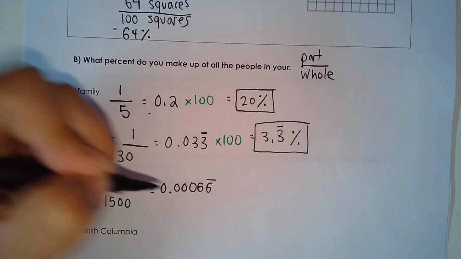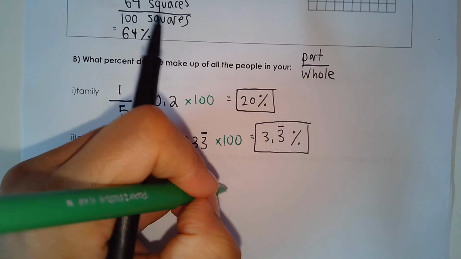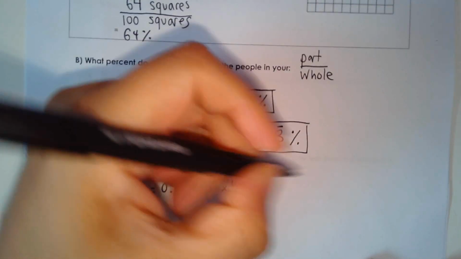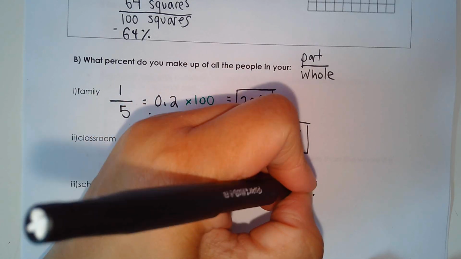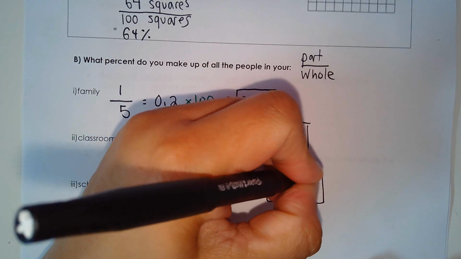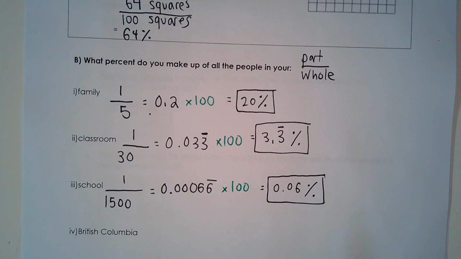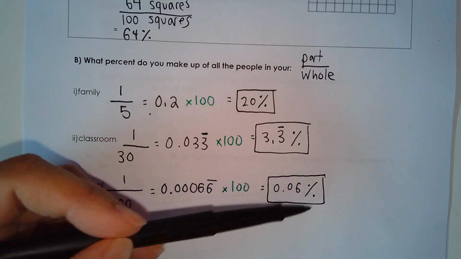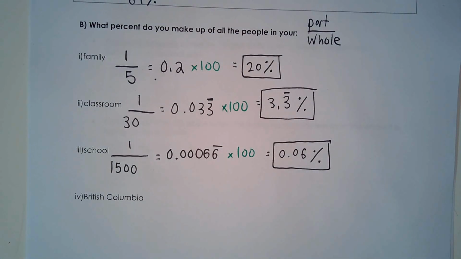So 0.0006 repeated, and to turn that into a percent, I multiply it by 100, and I have 0.06%. So I make up 0.06% of Fraser Heights, and we could keep going. Notice they're getting smaller. This is a very small percent. It's less than 1.